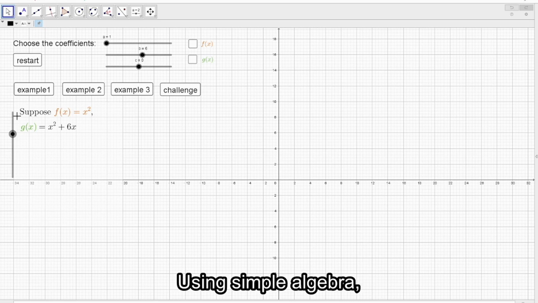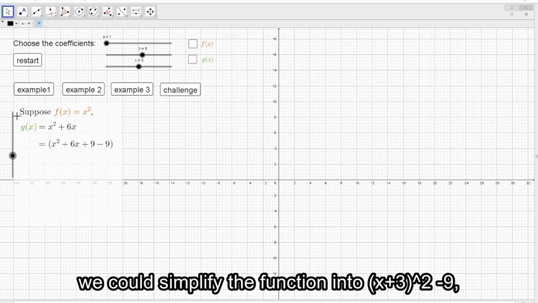Using simple algebra, we could simplify the function into x plus 3 all to the power 2 minus 9.